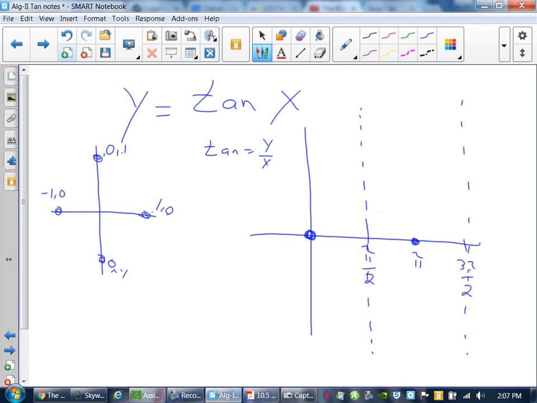Remember x and y, cosine, sine? Tangent is sine over cosine. And then back at 2 pi, it's back to 0.